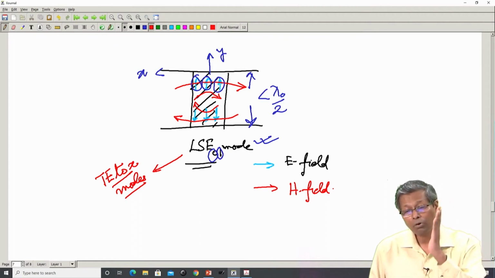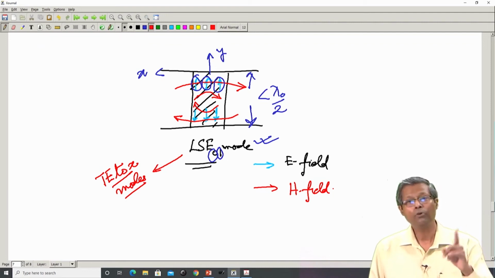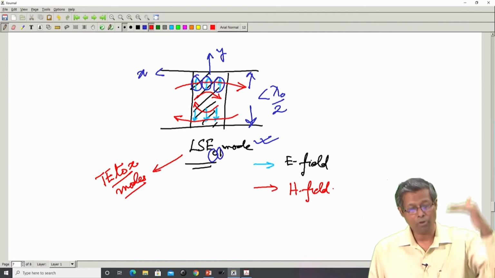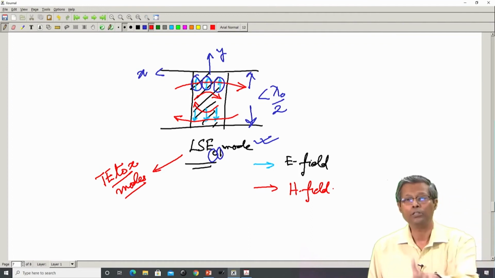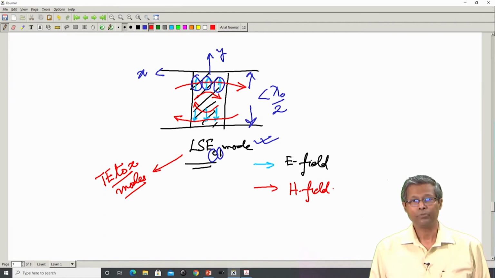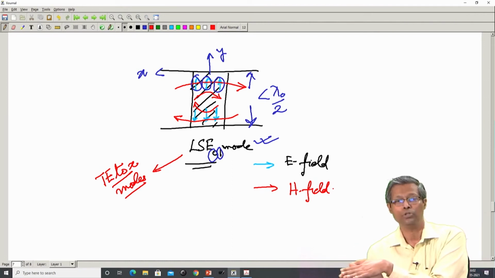The electric field is totally confined in the YZ plane. So, it is the other name for a TE to x mode. We have already made this TE to x mode before, and written down its field distribution from the potential function. So, once the potential function is given, we can write down the field distribution.